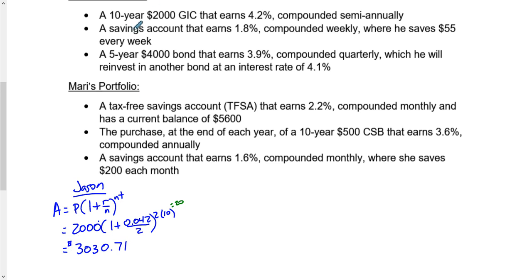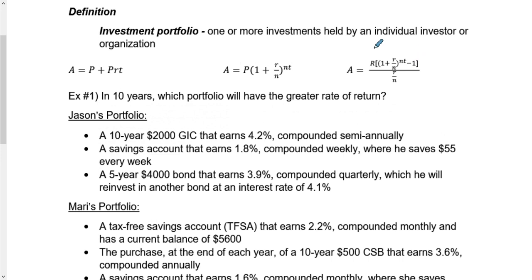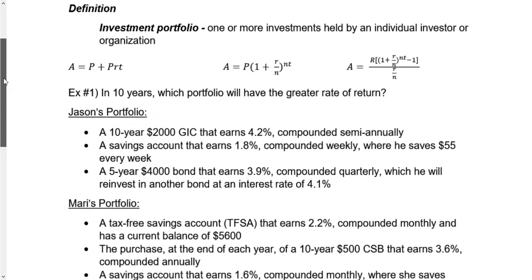The second thing is he has a savings account that earns 1.8% compounded weekly, where he saves $55 every week. Which formula is that going to use? Well, he's saving $55 every single week, which means he's making a regular contribution to it.